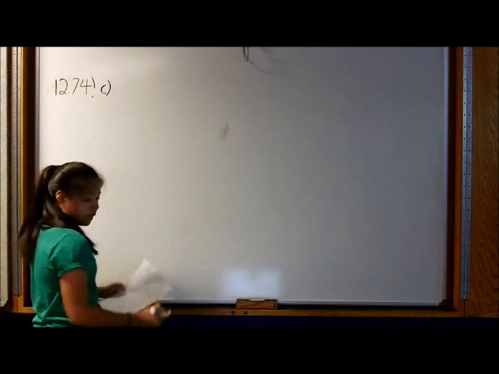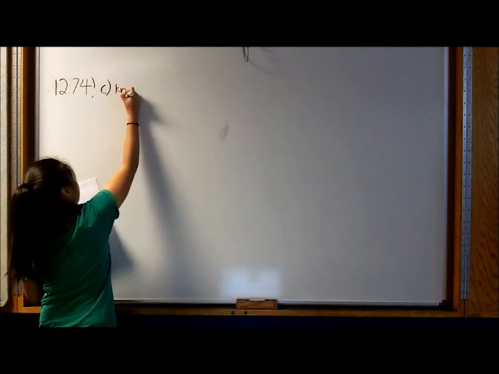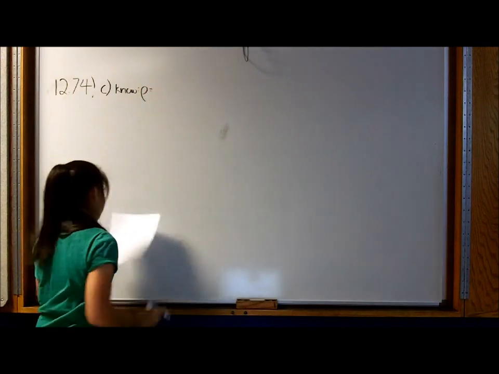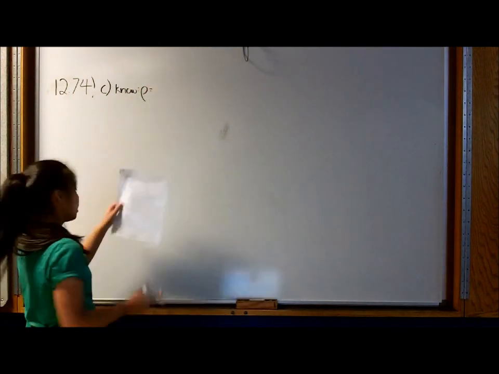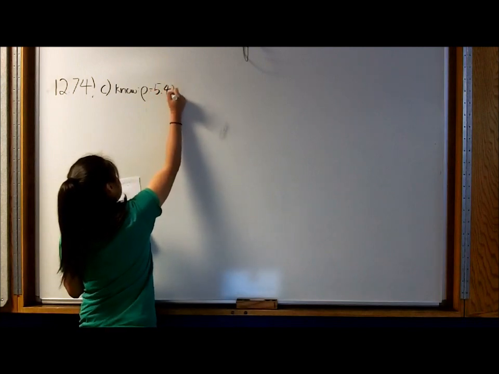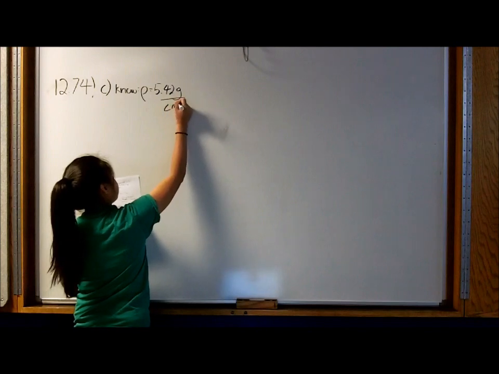They give you the density in the problem. So your density, and rho is the symbol for density, is 5.42 grams per centimeter cubed.